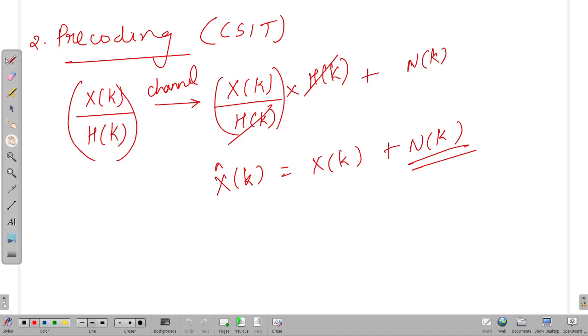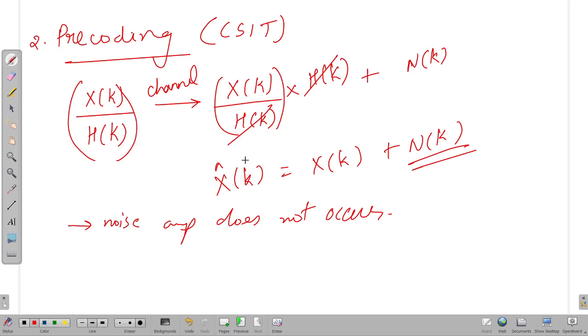Here the advantage is that noise amplification does not occur. The noise power, whatever was there in the channel, remains the same, even in the frequency domain.